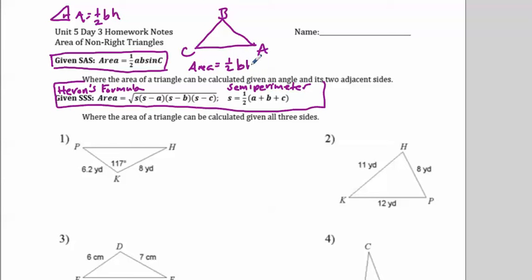Base, and then height. Well, the height is right here, and I don't know it yet. But I could actually find the height because I can use SOHCAHTOA. This is a right angle right here, defining the height.